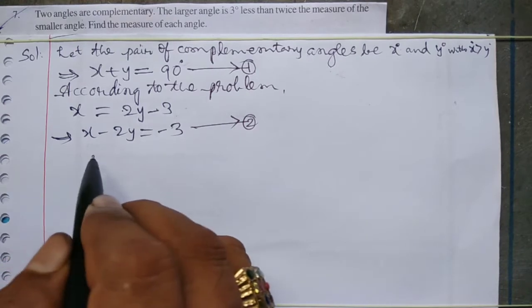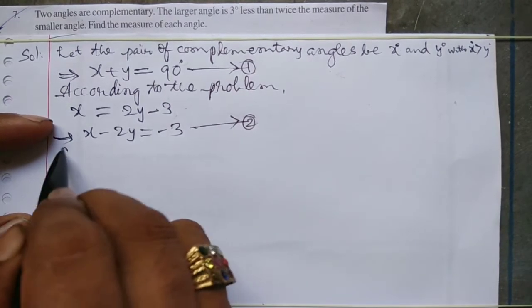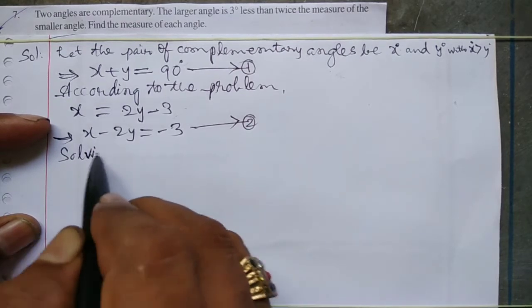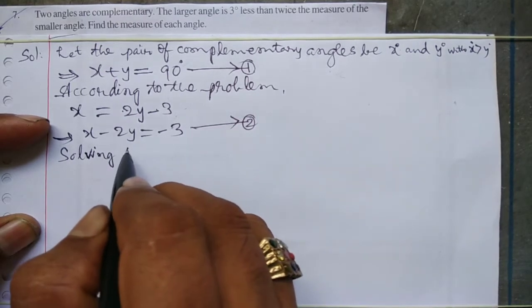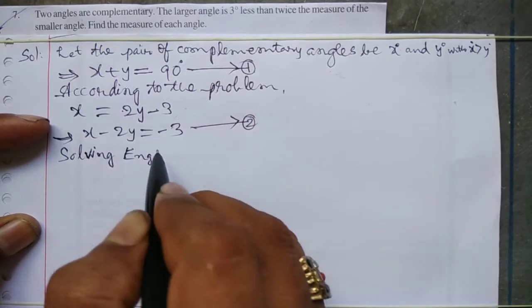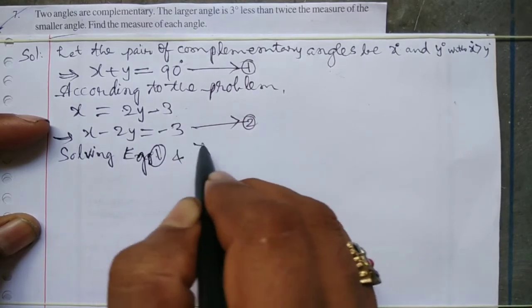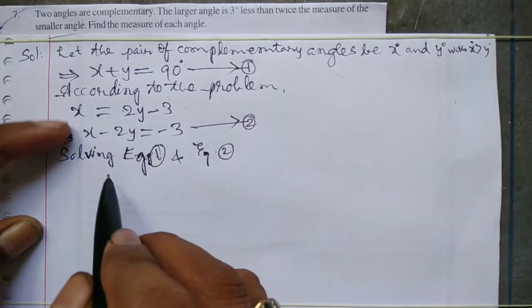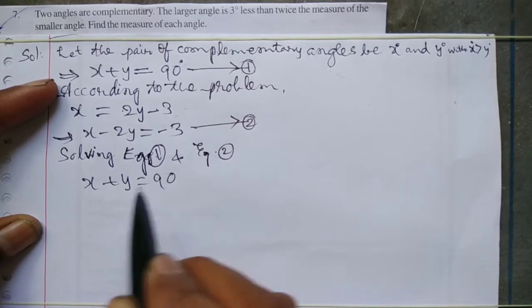Solving these two equations, equation 1 and equation 2. Equation 1: x plus y is equal to 90 degrees.